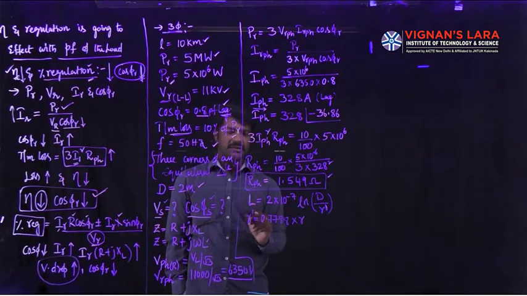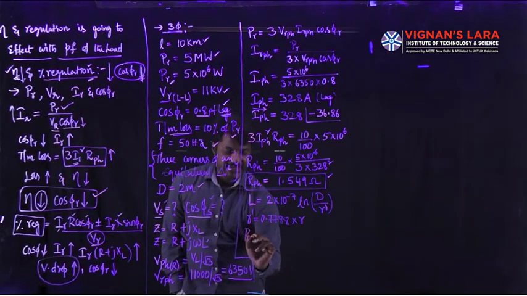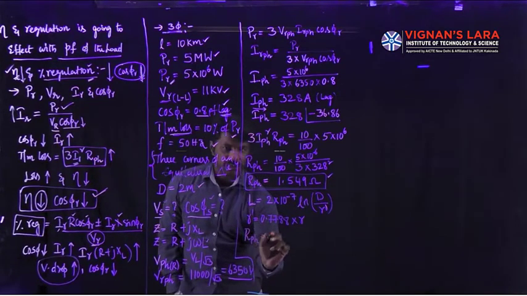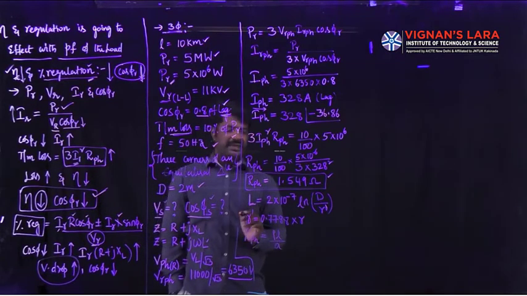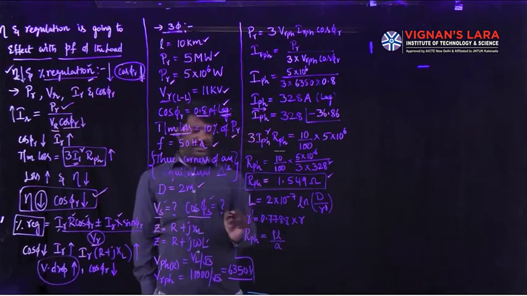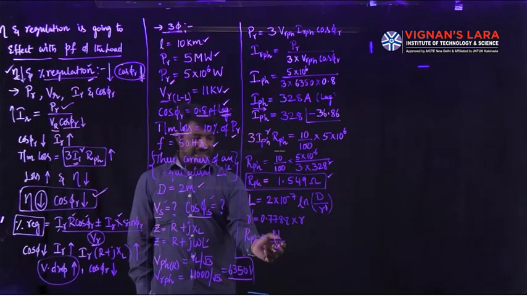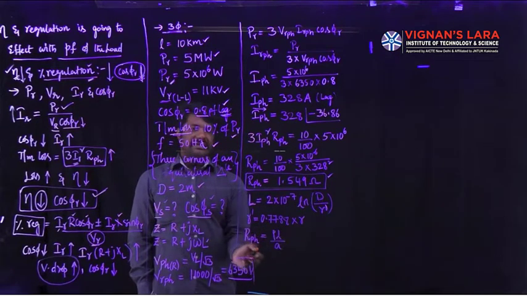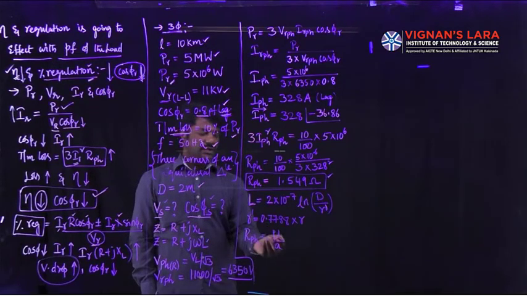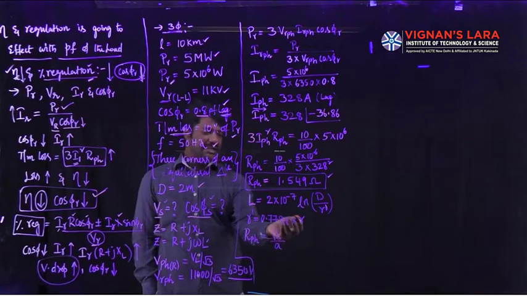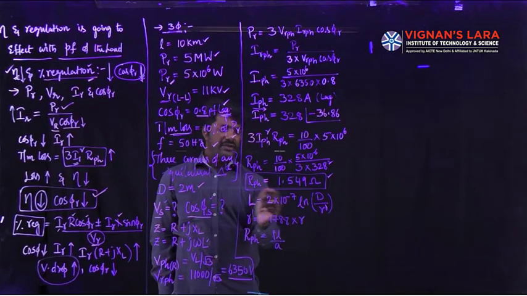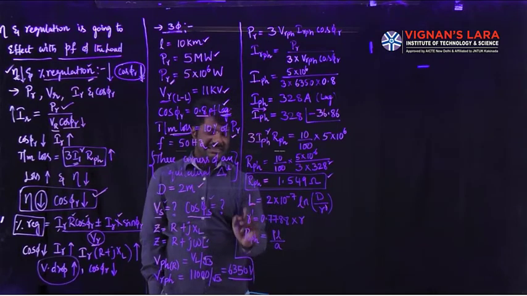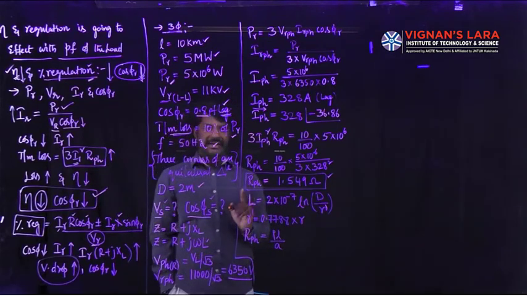We can expand that resistance per phase value: r is equal to rho L by A, where rho is specific resistance or resistivity, L is the length of the conductor, A is the cross-sectional area of the conductor. From this cross-sectional area, we can drag out the radius. That radius will be helpful for us in finding out r dash, where we will get the L value. This is the sequence of steps to find out the inductance.